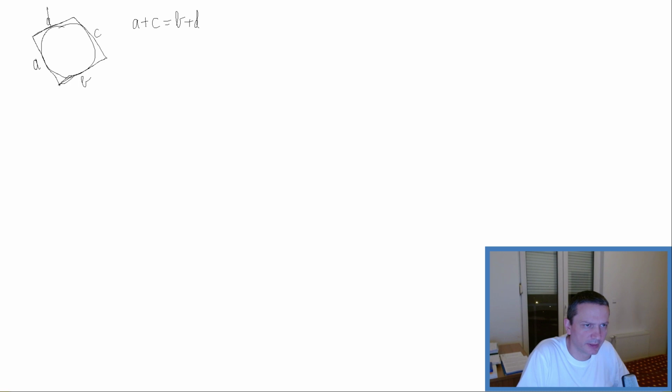Also, if we can circumscribe a circle around the quadrilateral, then it is said that it is cyclic, and if we have angles alpha, beta, gamma, and delta, then it is known that alpha plus gamma is equal to beta plus delta.